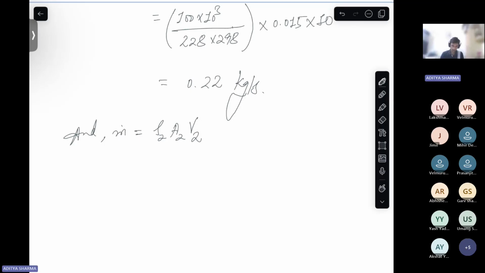Then we need to find out the exit area, right? So from here, rho 2 we have, V2 is given to us, mass flow rate we just found out.